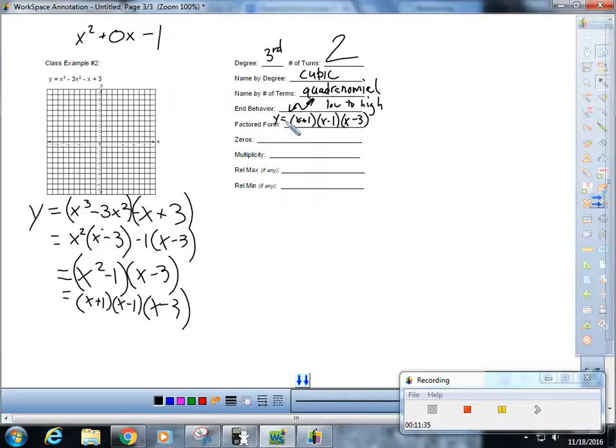What are my zeros? 1, negative 1, and 3. Multiplicity, none, meaning we don't have any repeats. You get a 1, a negative 1, and a 3.